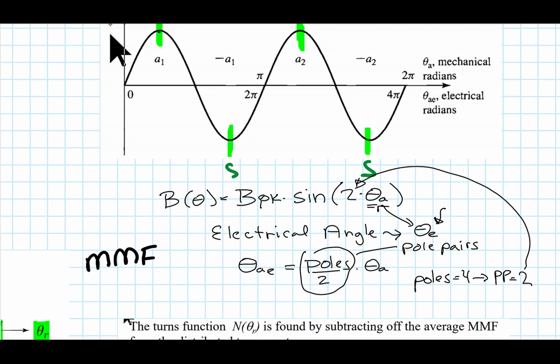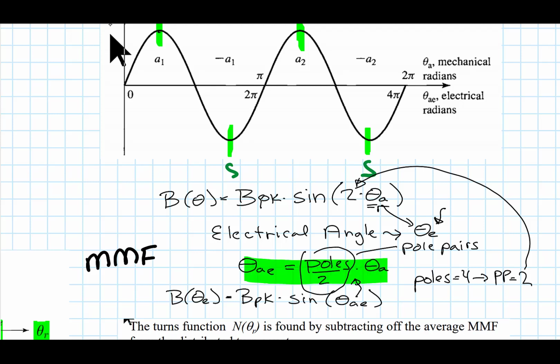That's this thing right here. So we could rewrite this expression in terms of electrical angle, and it would be the peak flux density times the sine of the theta AE electrical angle, where theta AE is equal to this function.